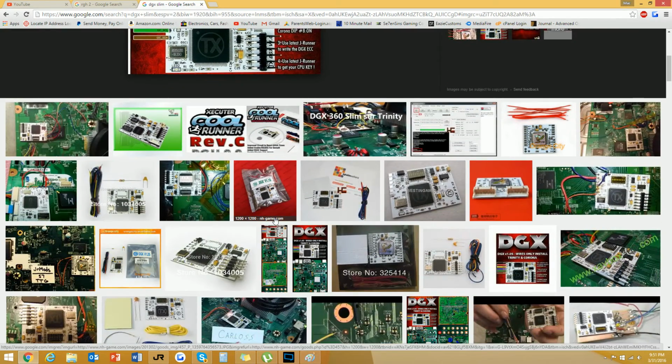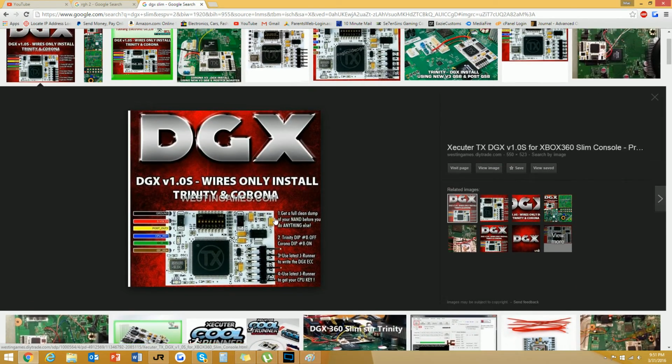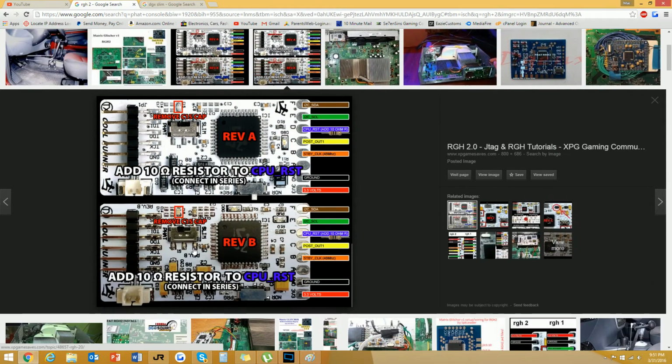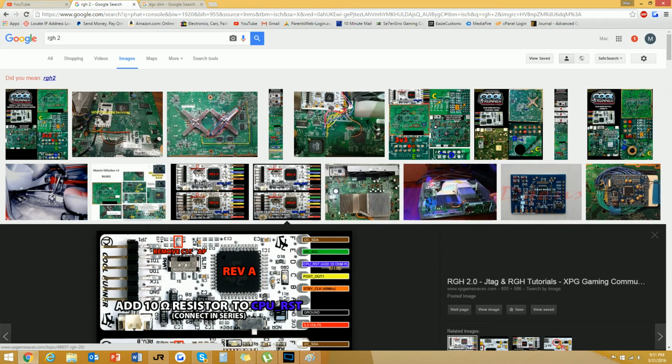So then, the Cool Runner Rev C came out. And with the Cool Runner Rev C, we were able to get our CPU key and do it just perfectly. But when the RGH2 method came out, it was a lot more confusing.